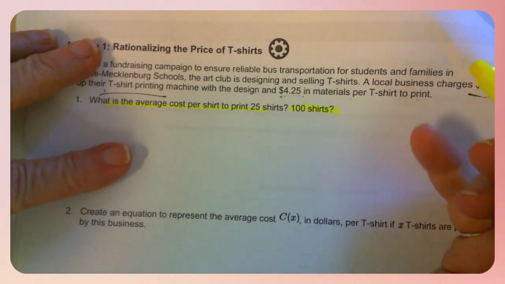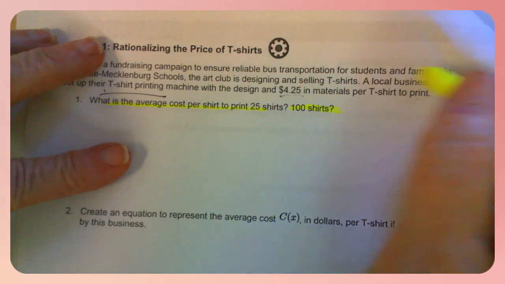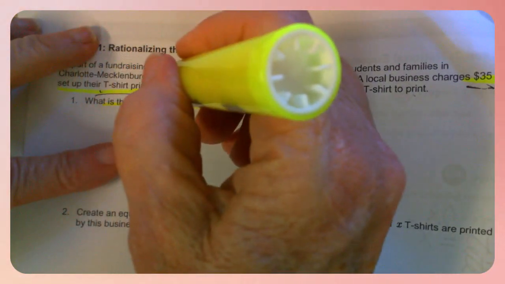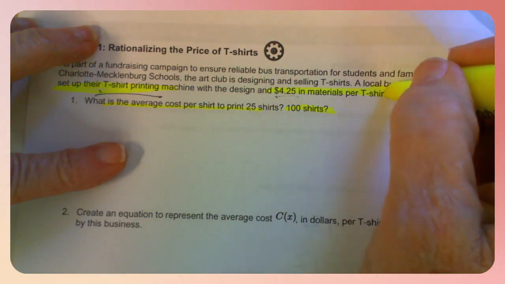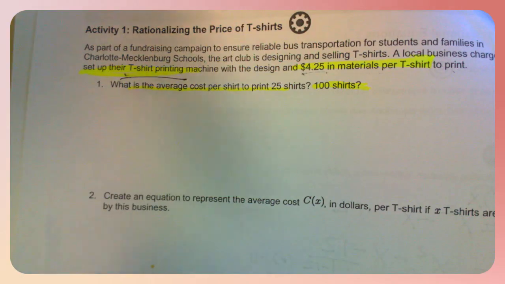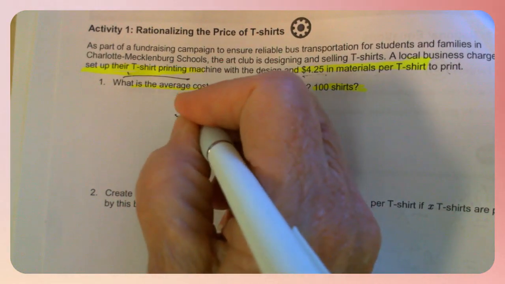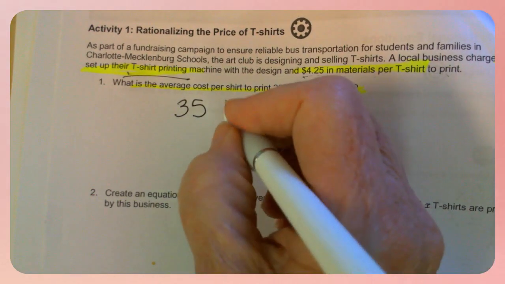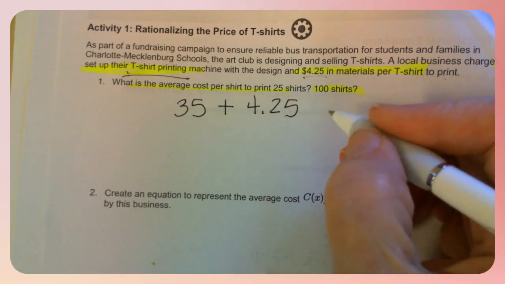So this is a two-part question. They charge $35 to set up the machine and $4.25 per t-shirt. We have to pay that $35 no matter what, plus $4.25 per shirt.